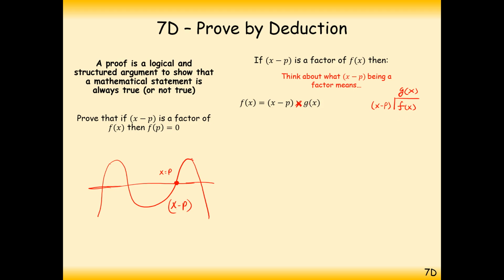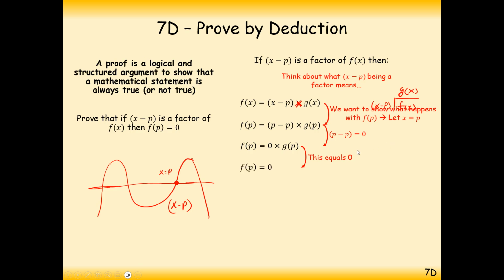So when we multiply g(x) by 0, we're going to get a 0, right? We are using the fact that x minus p is a factor, x will be p, and 0 times g(p) will be 0. That's why f(p) equals 0 when we substitute it.